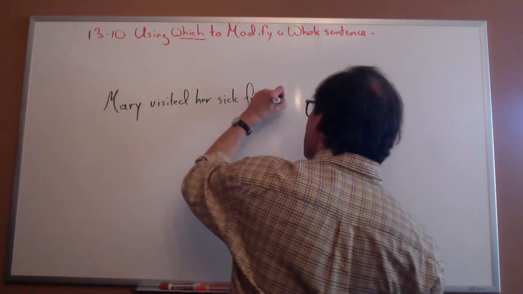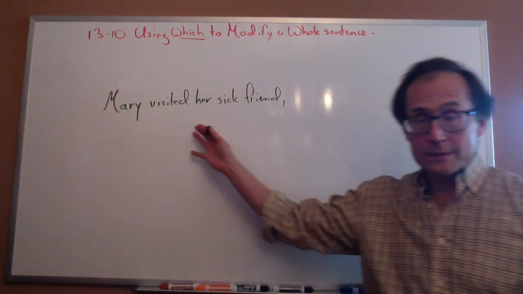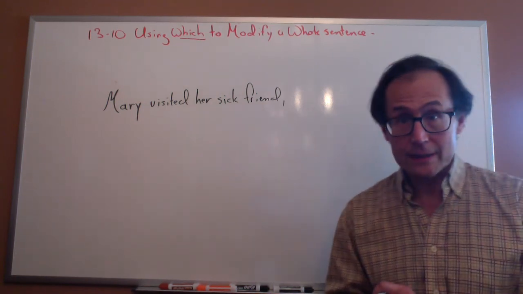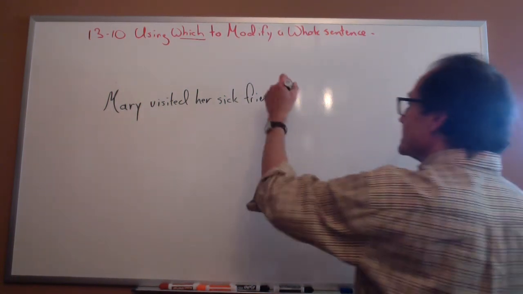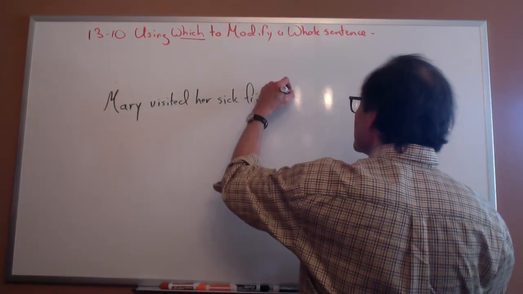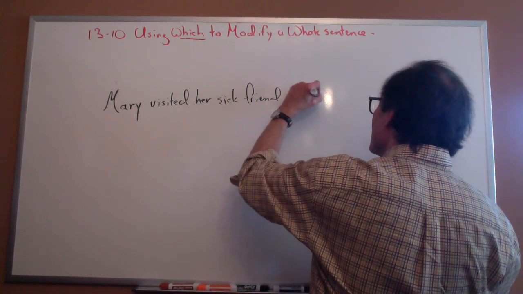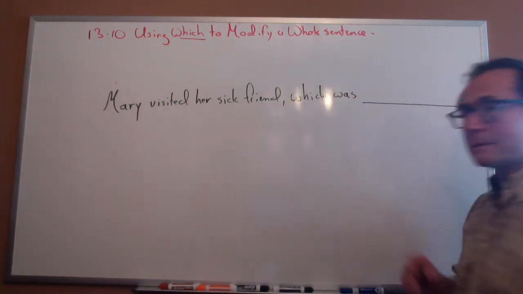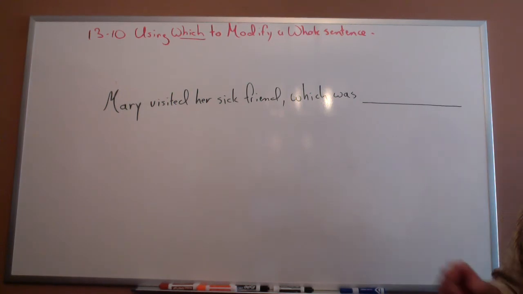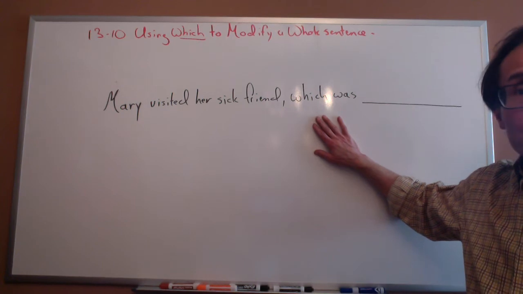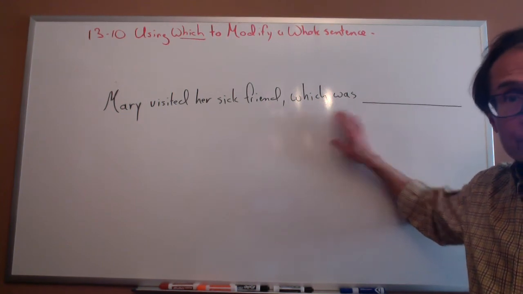Now think about this. Mary visited her sick friend. What would you say that is when Mary visits a sick friend? See if you can figure out a way to finish this. Mary visited her sick friend, which was blank. See if you can think of at least one or two ways to finish this sentence.